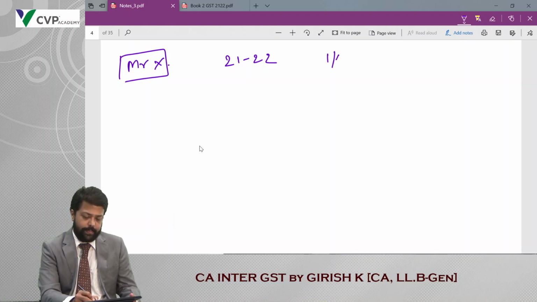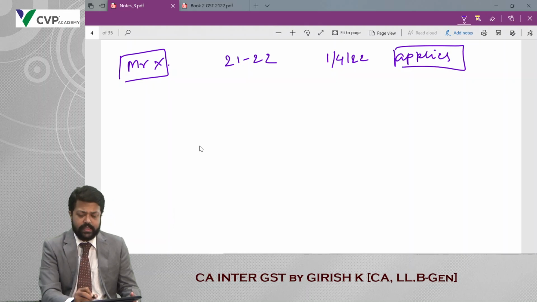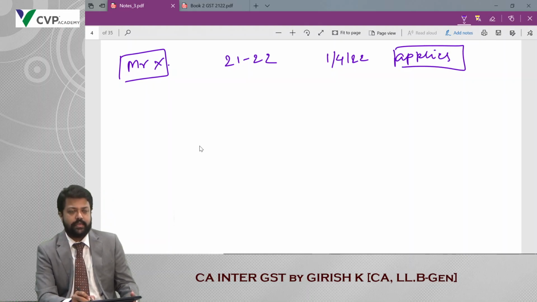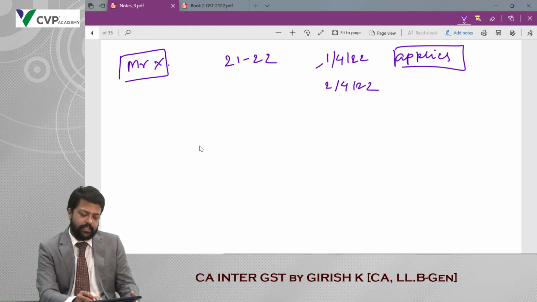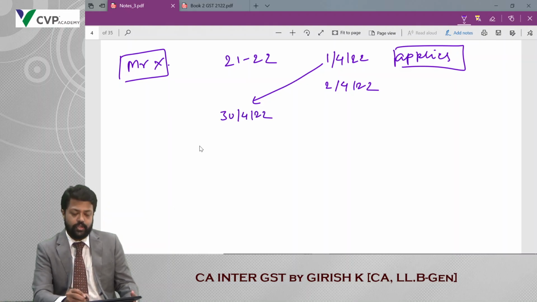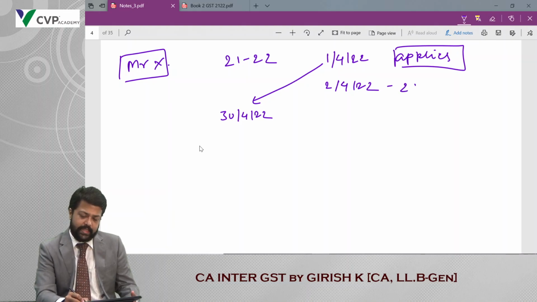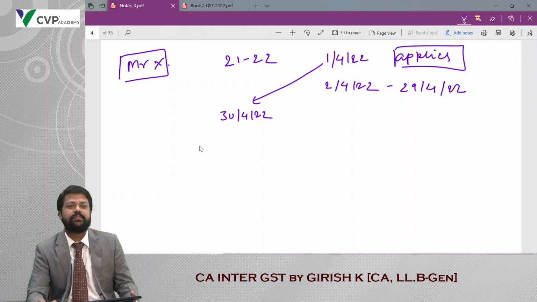So on 1st April 22 he applies for cancellation. On this date he is still conducting his business, the business is not stopped. So from 2nd April 22 till this application is processed, let's say 30 days are given, so on 30th April this application is processed. So from 2nd April to 29th April, is it not that he is supplying goods?